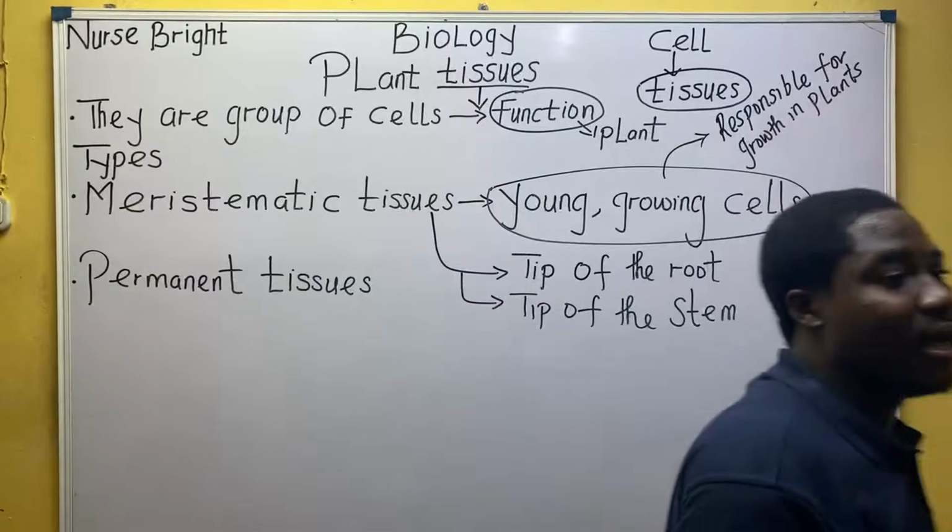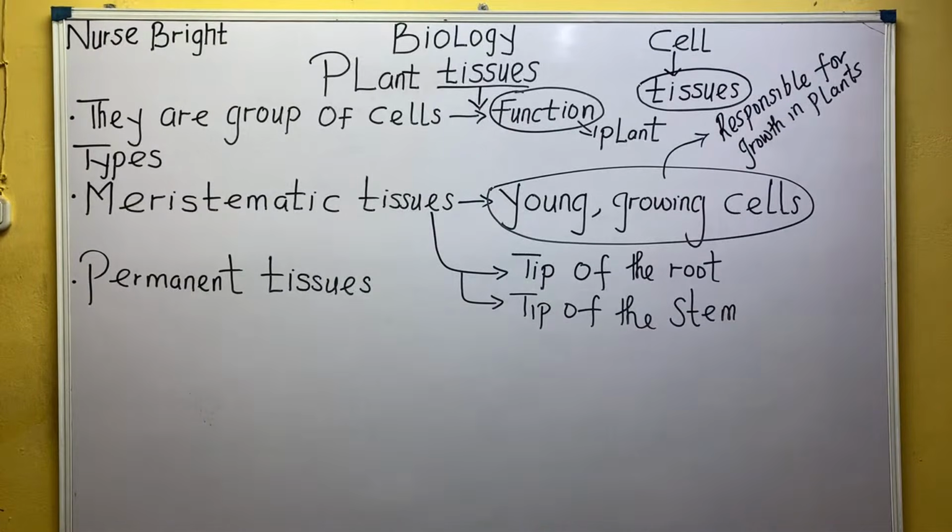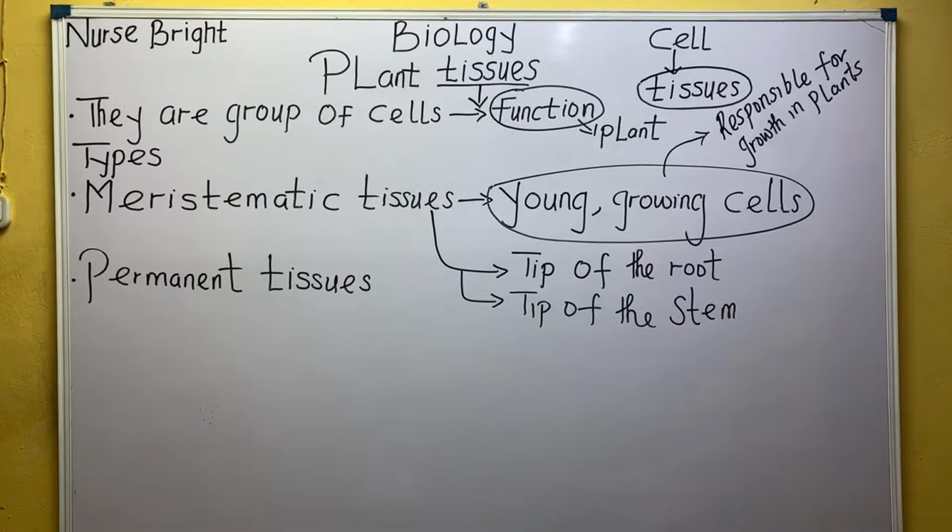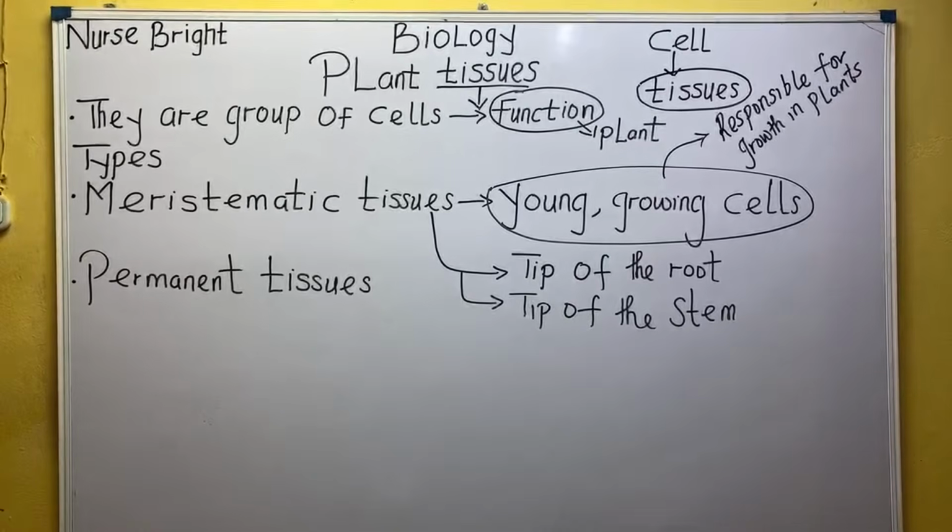I repeat, these tissues are found in the tip of the root of a plant or the tip of the stem of a plant. All right? So take note of what I just said. It is very, very important, guys.